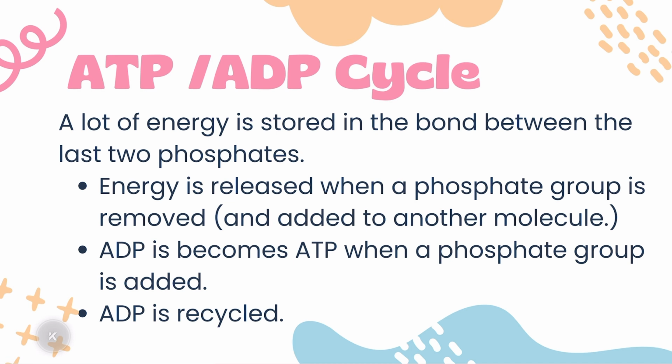That creates ADP. ADP stands for adenosine diphosphate. Di means two. When the third phosphate breaks off, I now have two, ADP. But I want to recycle ADP, so I have to add on a third phosphate again to go from ADP, diphosphate, to ATP, triphosphate.